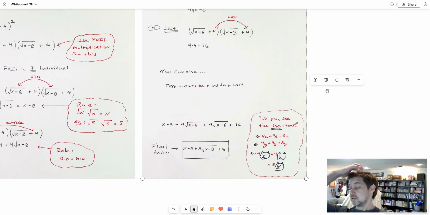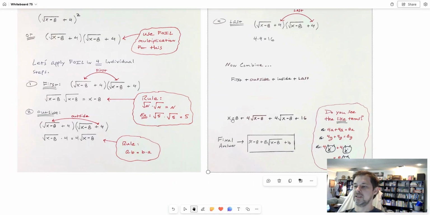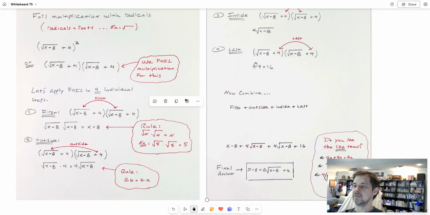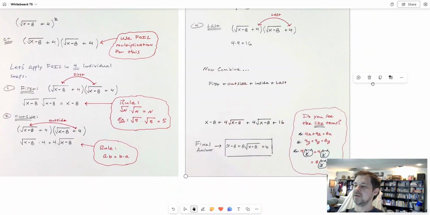So in my case, with all of those already worked out, that would be first, x minus 8 right there, plus outside, 4 root x minus 8, plus inside, again, 4 root x minus 8, plus last. See how it matches up? Last, 16.